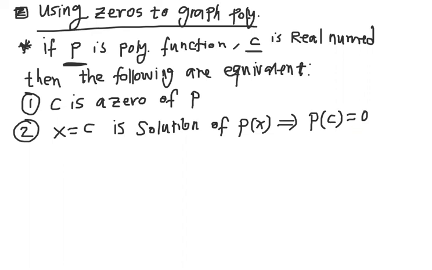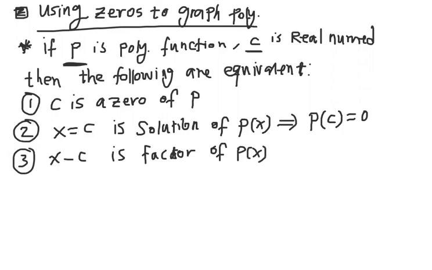Okay. Third thing: x minus this real number c is a factor of the polynomial p of x. Fourth thing: c is an x-intercept.